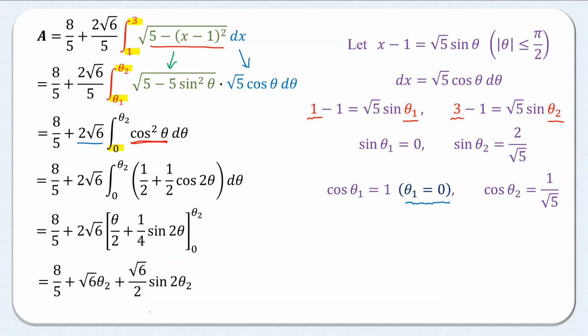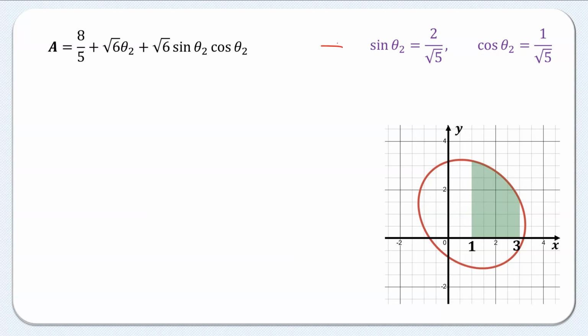which gives the result 8 over 5 plus square root of 6 theta 2 plus square root of 6 over 2 sine 2 theta 2. Here, let us use the double angle formula for sine to remove sine 2 theta 2, which gives 8 over 5 plus square root of 6 theta 2 plus square root of 6 sine theta 2 cosine theta 2. Here, let's use the previously obtained values of sine theta 2 and cosine theta 2.